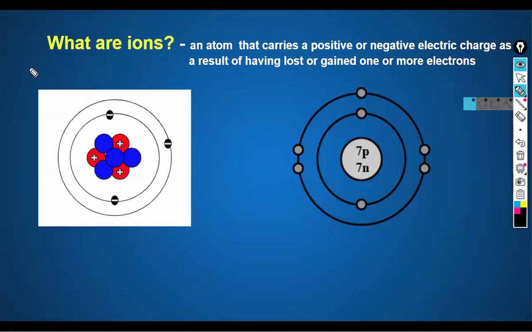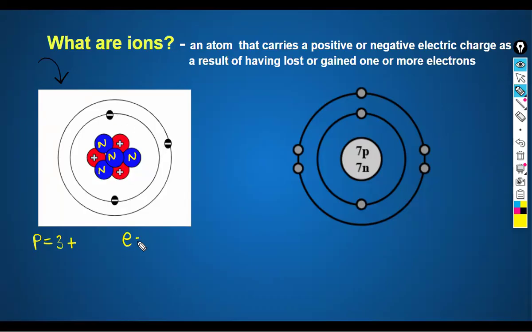Let's look at this atom here. I'm going to put N for neutrons, right? You will notice that in this particular atom, how many protons are there? The protons are in red: 1, 2, 3. There are 3 protons, and how many electrons does it have? 1, 2, 3.